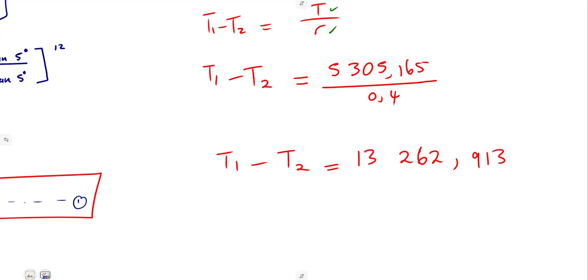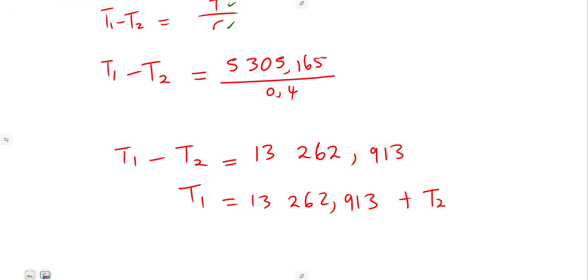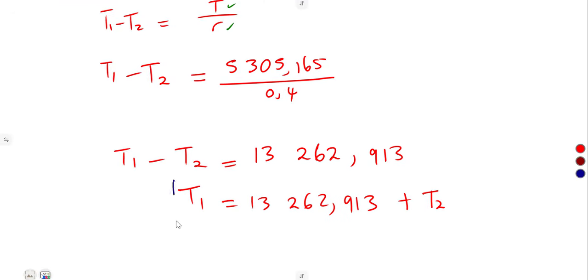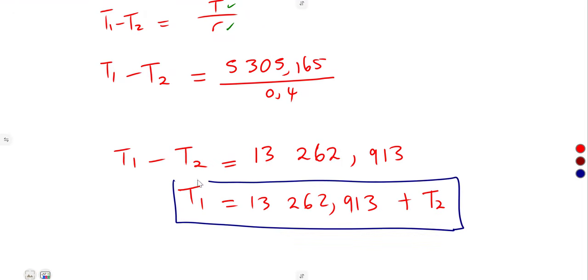Let us make T1 the subject. So T1 is equal to, we have to take T2 to the other side, it's going to be a positive there. So that's 13,262.913 plus T2.